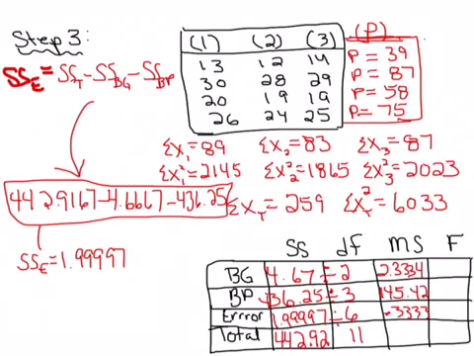Now we can calculate our F. So to get F, if you remember, it's the same as with an ANOVA, it's just you have to skip that row. So it's mean square between group divided by mean square error.